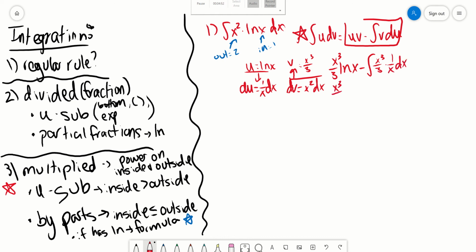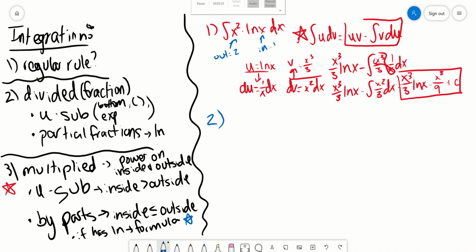This part is not going to change, but this inside we can simplify. x cubed over x, one of those x's is going to cancel, and now we have x squared over 3 dx. So we still have x cubed over 3 ln of x minus, we add 1 to the power, divide by the new power, so 3 times 3 is going to give us 9, and then at the end we need a plus c. So that is one of our examples for integration by parts.